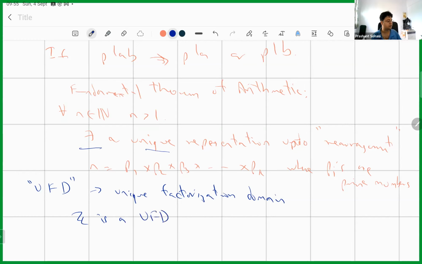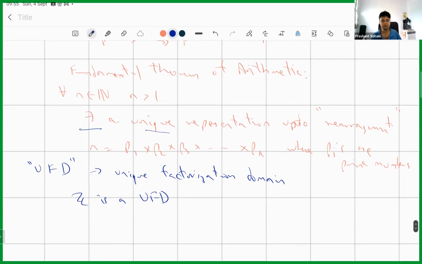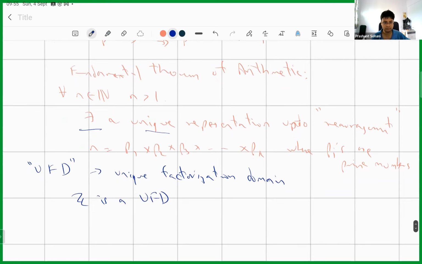There exist domains which do not have this property of unique factorization. Before we understand those examples, we have to understand why this happens in integers. So maybe I'll give you 5 minutes to think about this. How do you prove existence and uniqueness?